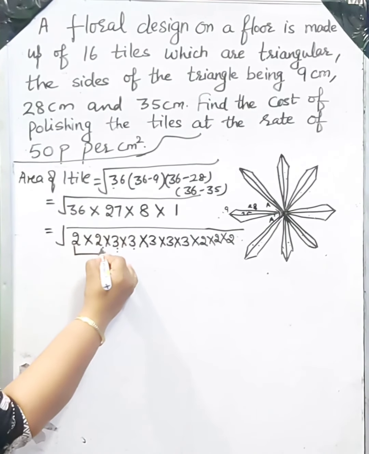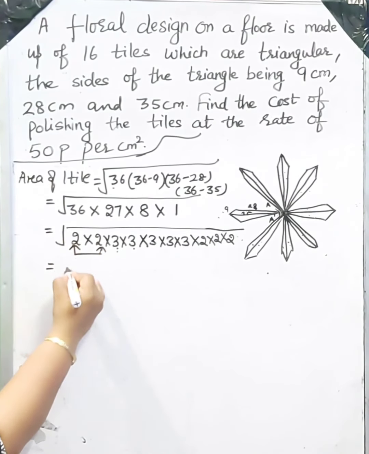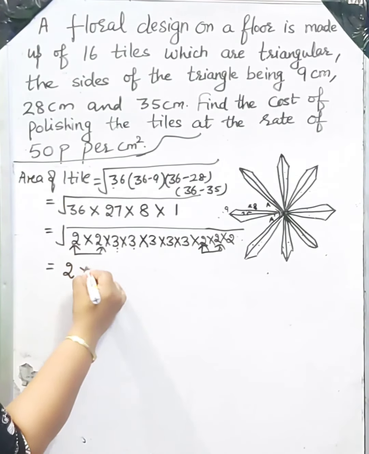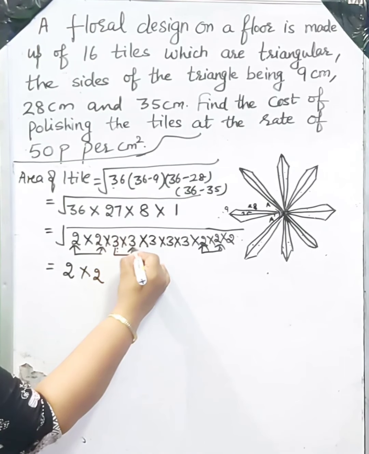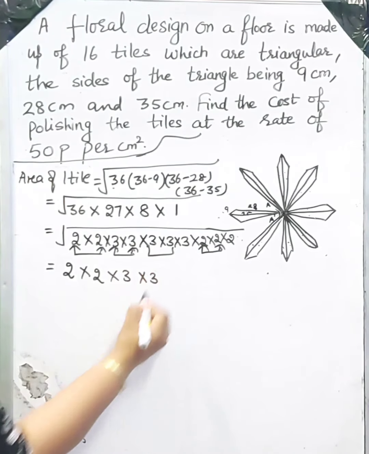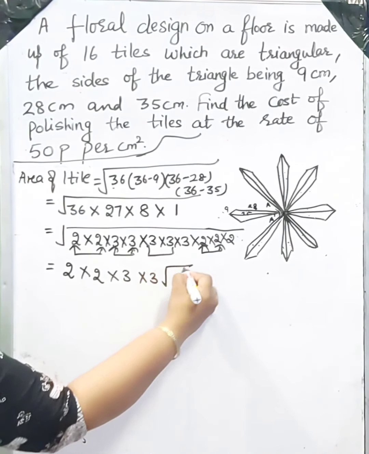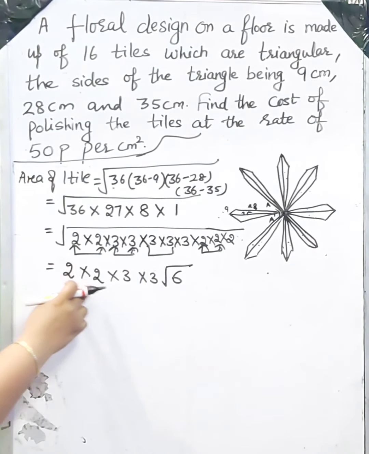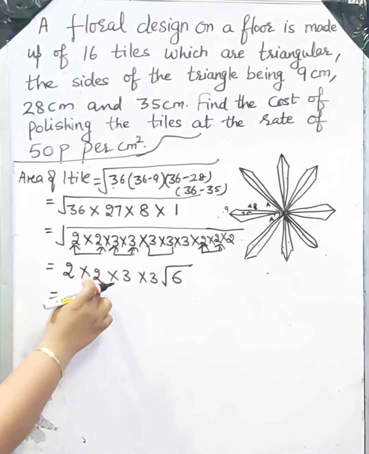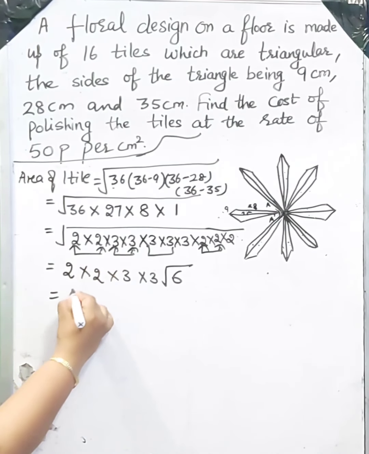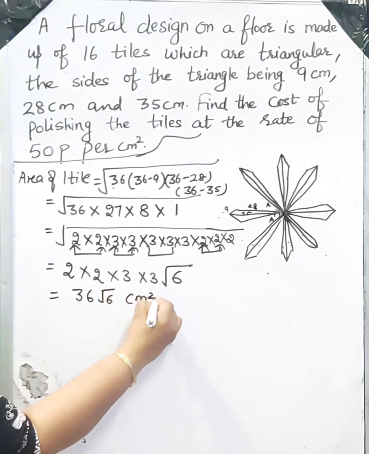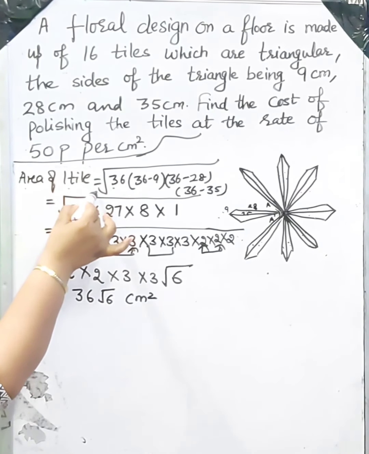Now make pairs of same numbers and bring out one number from each pair. The number will become 2 into 2 into 3 into 3 under root 6. Now multiply: 2 2s are 4, 4 3s are 12, 12 3s are 36 under root 6 centimeter square. And this is the area of one tile.